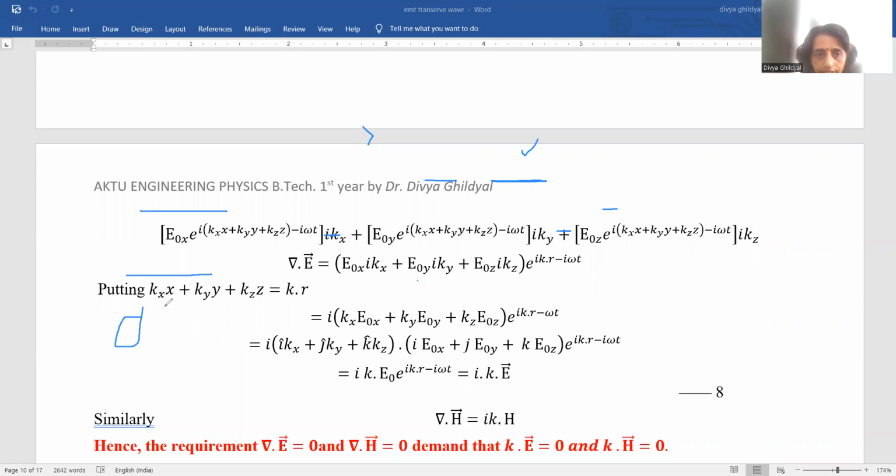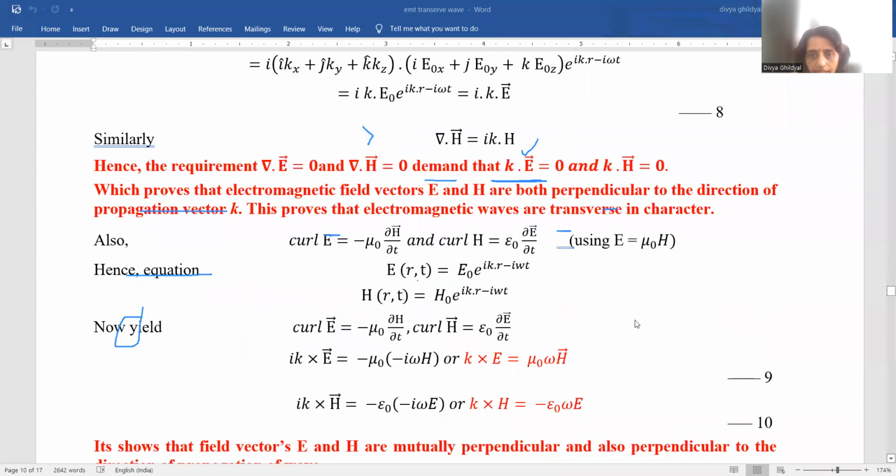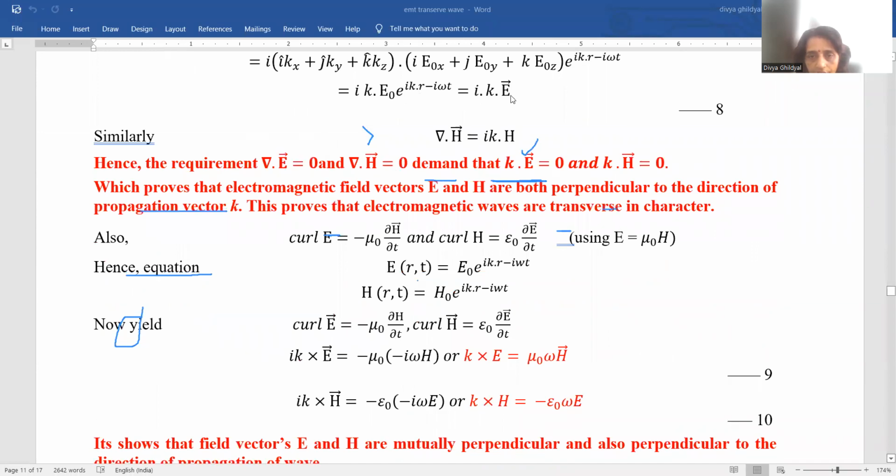Now, once again, we use this expression which we just derived above, and it reduces to this form. So, del dot E becomes equal to i k·E. Similarly, it becomes for the magnetic field. Now, if you look at this expression very carefully, del dot E and del dot H are equal to i k·E and i k·H.